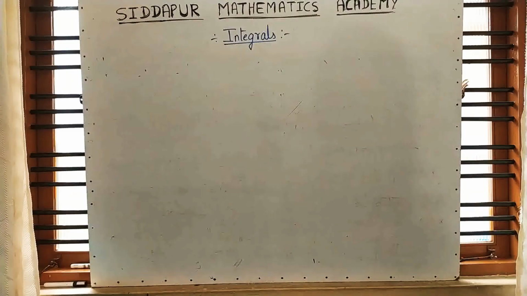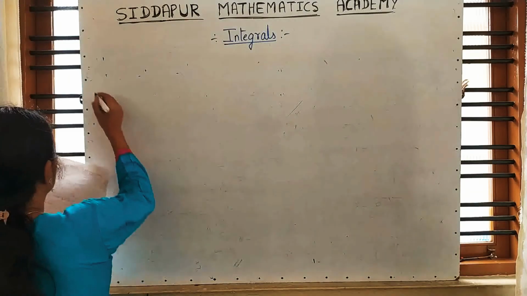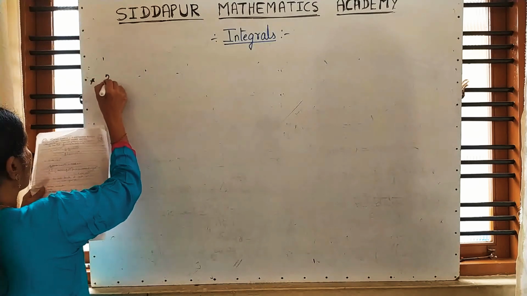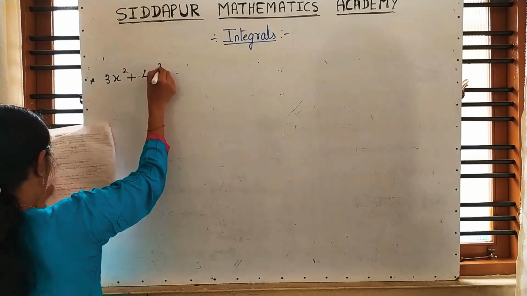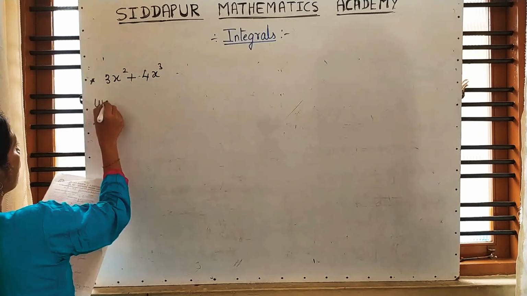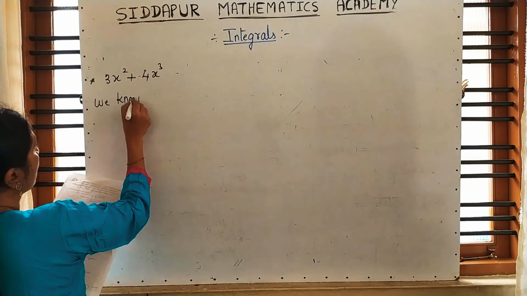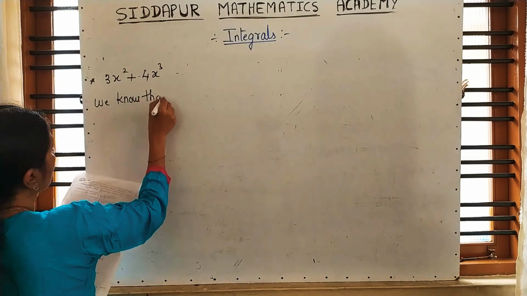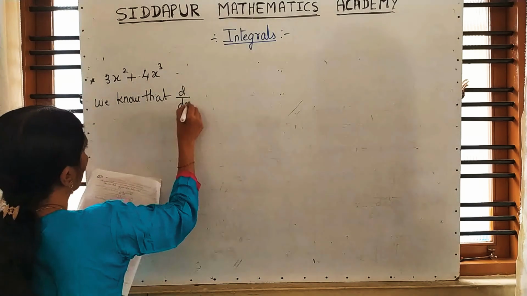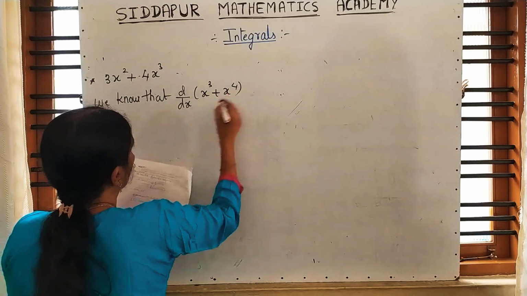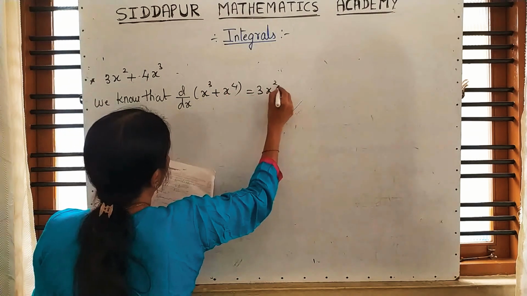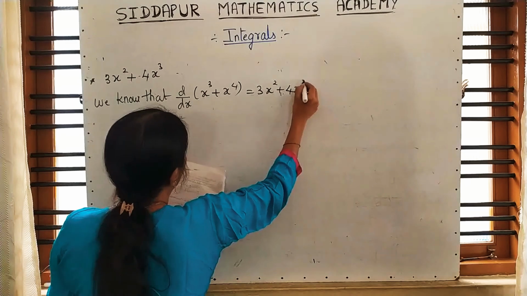Next example, that is also a worked example. 3x square plus 4x cube. See, we know that differentiation of x cube plus x raised to 4 is what? 3x square plus 4x cube.